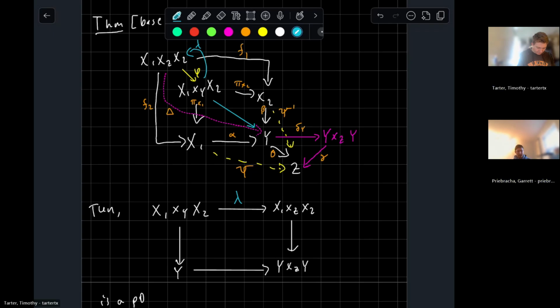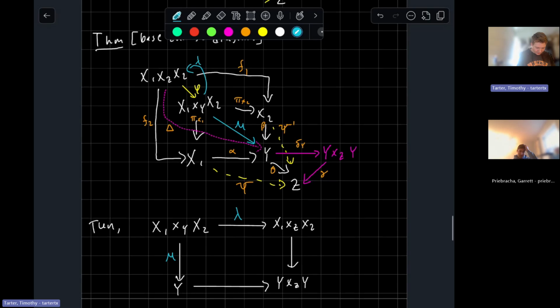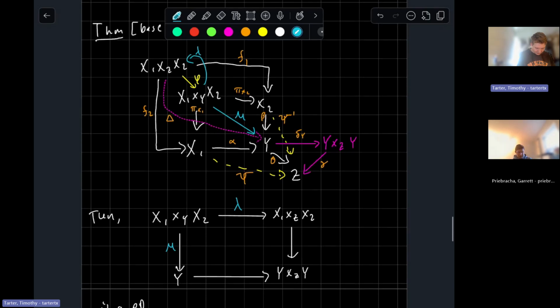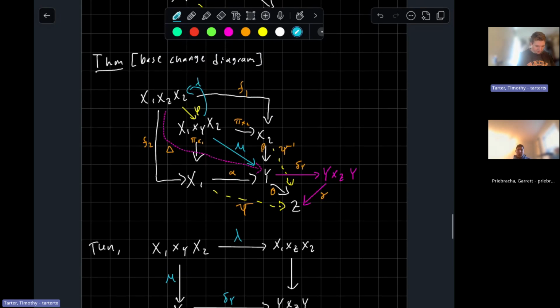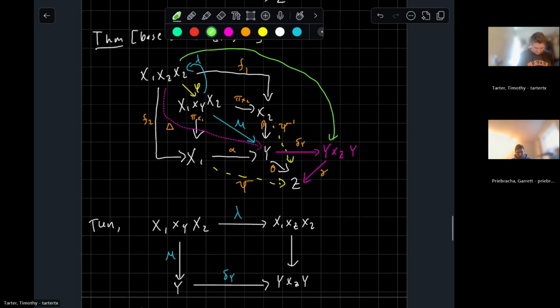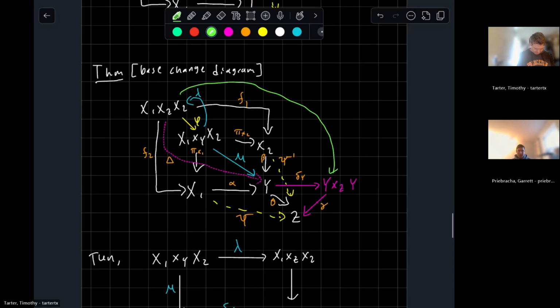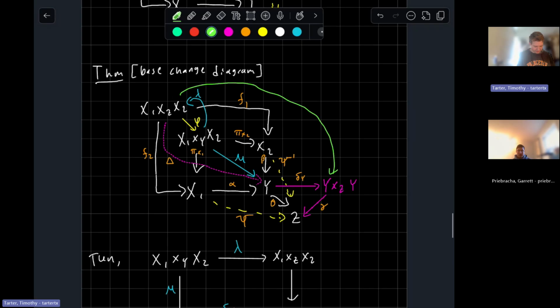Mu. y into its diagonal morphism was delta y, and then the fiber product of z into the diagonal morphism. Come on, there's got to be another letter.